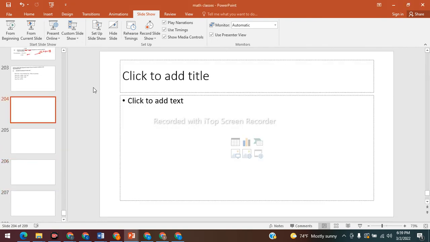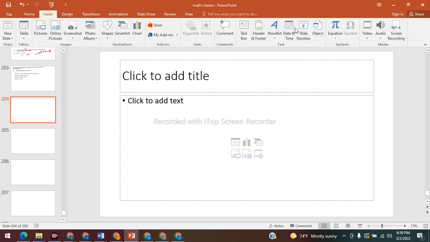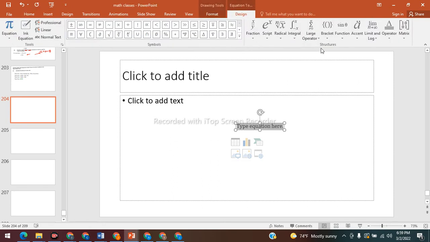A line going straight across 3 on the y-axis. A line going horizontal on the y-axis at 3. A line going from side to side? Yeah, horizontal. Very good. So y equals to 3.